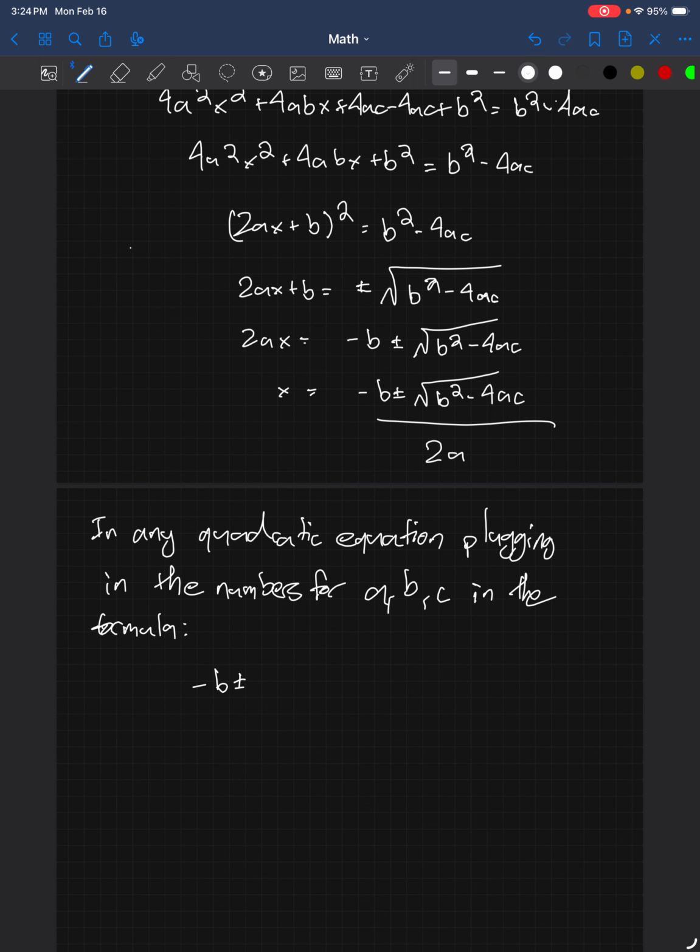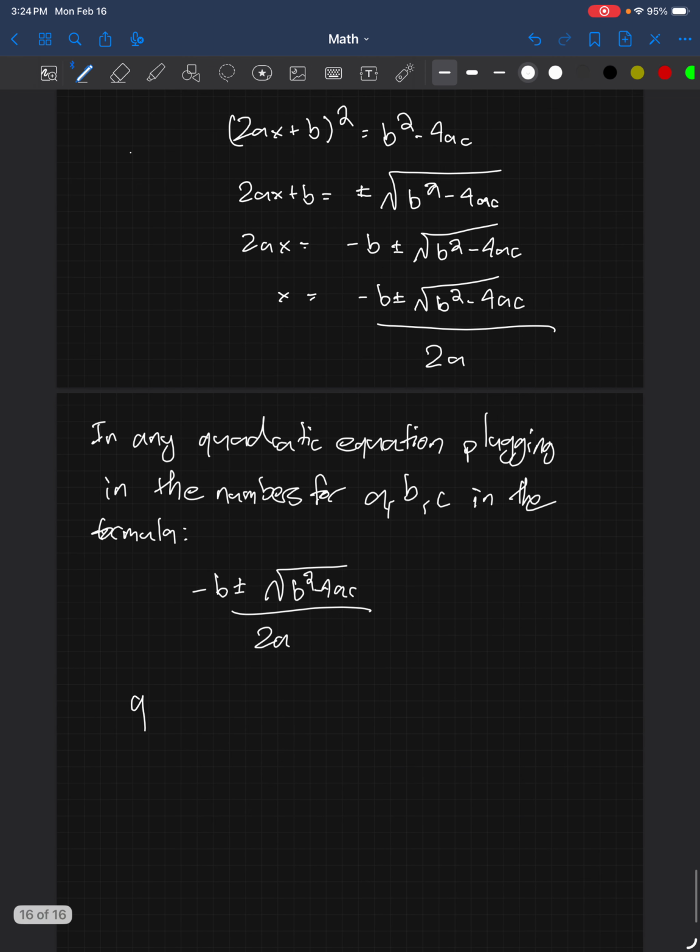Negative b plus or minus square root of b squared minus 4ac over 2a gives you the values for x.